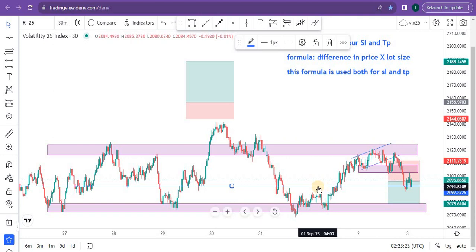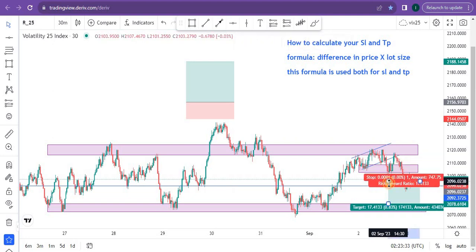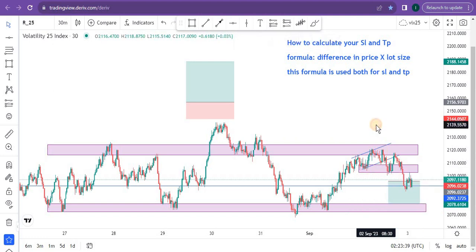After calculating this particular level, you may see that you have just $1 to lose at this level, and all you want to do is drag your SL down to this point.